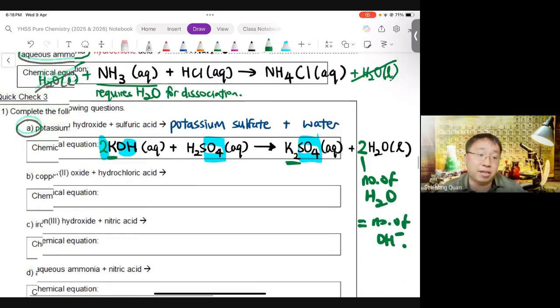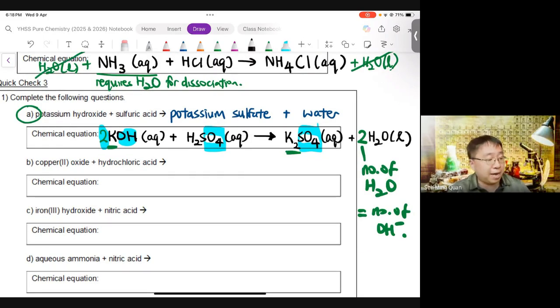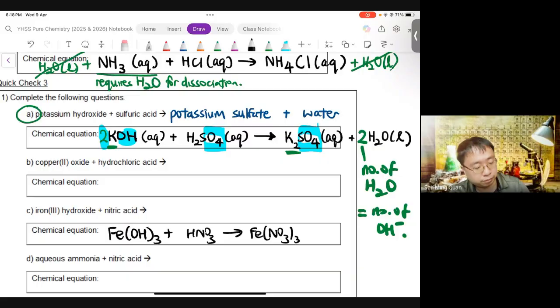I can give you the answer for part C very quickly. Part C is iron 3 hydroxide. Okay, I've not put in state symbols. Let's just not put in state symbols for now. I know I need 3 HNO3 because there are 3 nitrates.